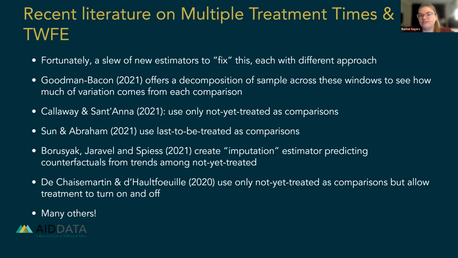And de Chaisemartin and D'Haultfœuille use only not-yet-treated as comparisons, but they also allow the treatment to turn on and off, which might be useful if an intervention comes, goes, and maybe comes back. But again, this isn't an exhaustive list. There are many others as well.